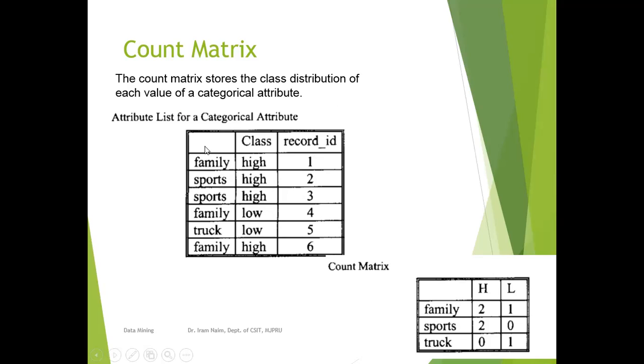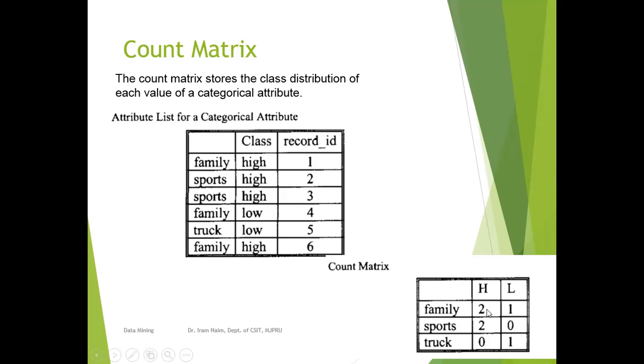And there is one attribute, whose name is not given here, but it has 3 different values: family, sport, and truck. Because all the values are different in the categorical attribute, we generate a count matrix that shows the two classes, high and low, as class labels, and these 3 values which are the subsets of this attribute: family, sport, and truck.